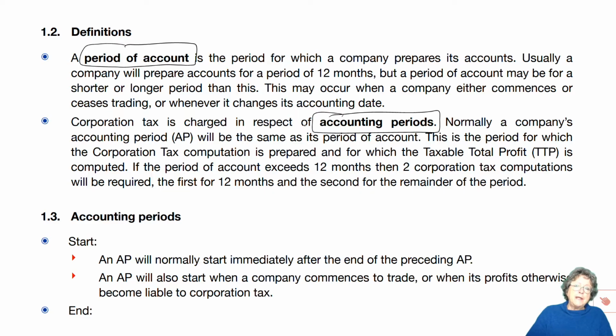Now, corporation tax is charged for accounting periods. Normally those are the same. A period of account of 12 months is exactly the same as an accounting period.